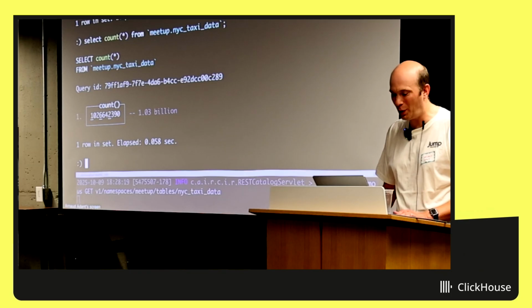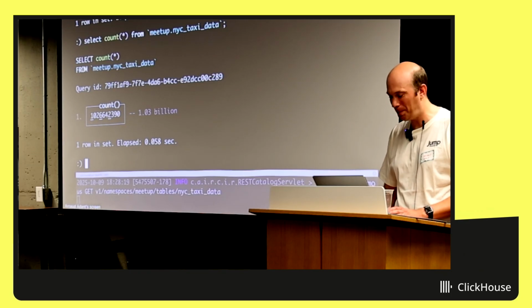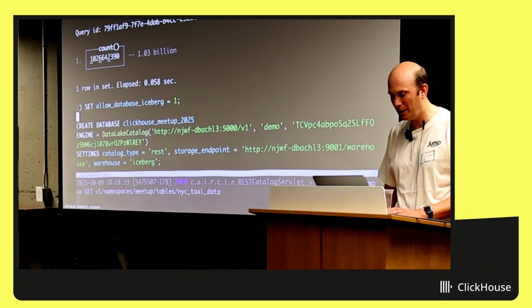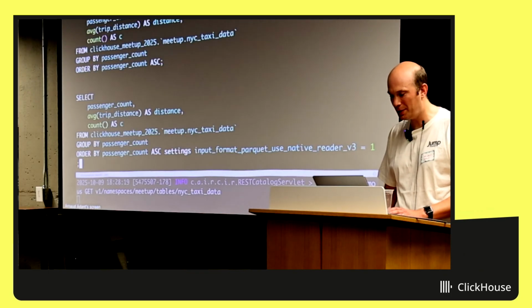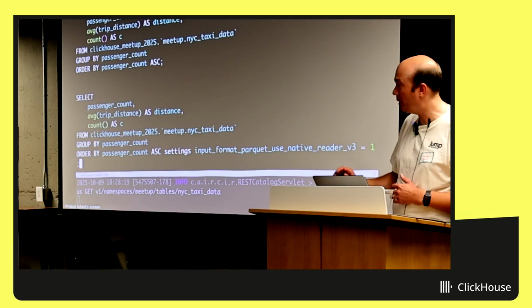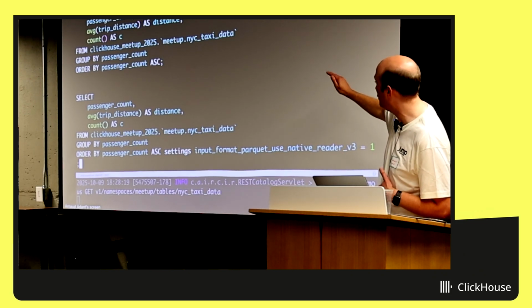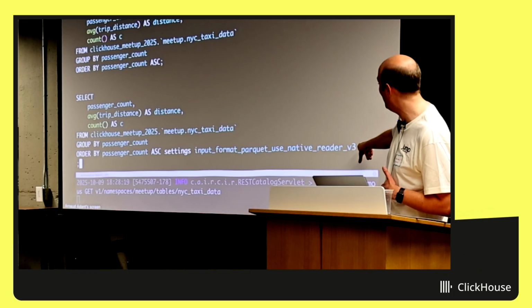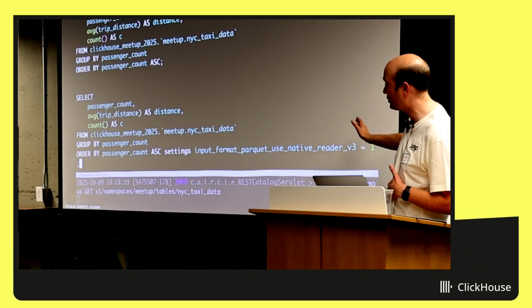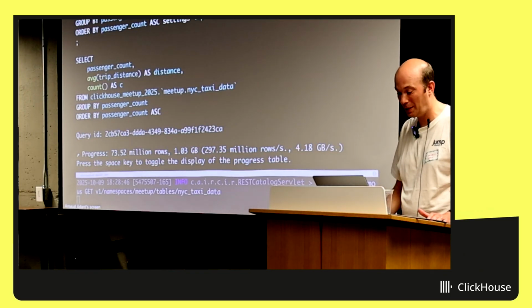And I'm going to run some queries that I've already pre-computed. I have them in my history. So this is the same thing. I'm doing a group by without an option and using the new option that is the V3 parser, which is faster. So let's see if that works.